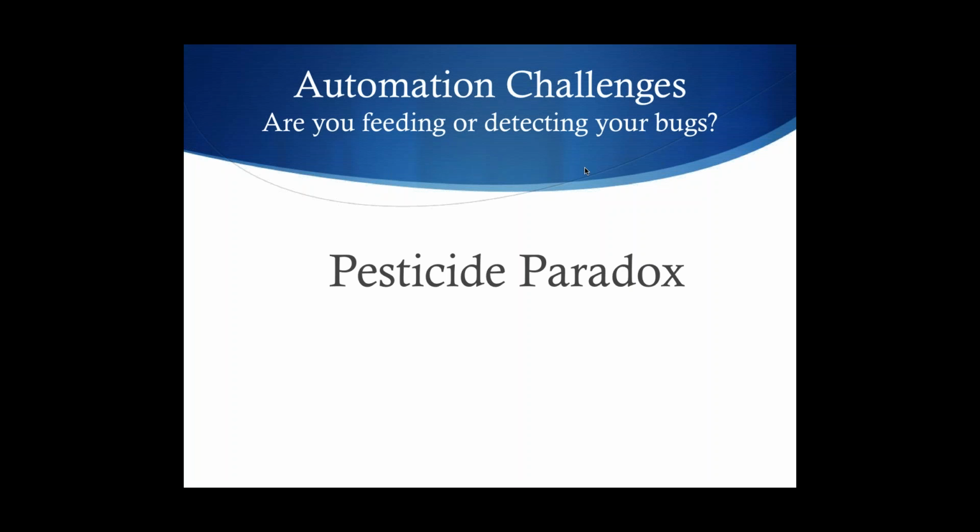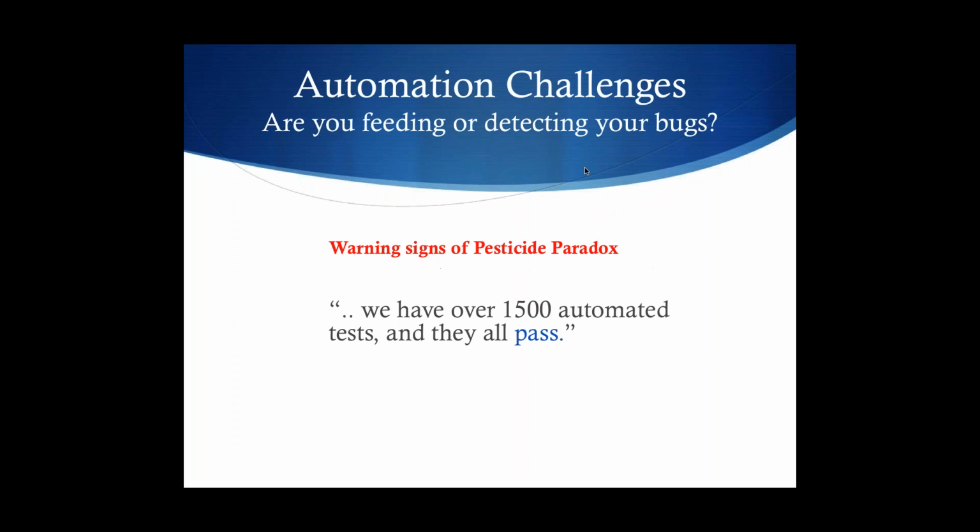I remember at one of the previous companies I worked at, they had a really interesting comment when I went there. I asked them about their test automation, and one of their automation leads made a statement: we have over 1,500 automated tests, and they all pass. That's a huge warning sign.